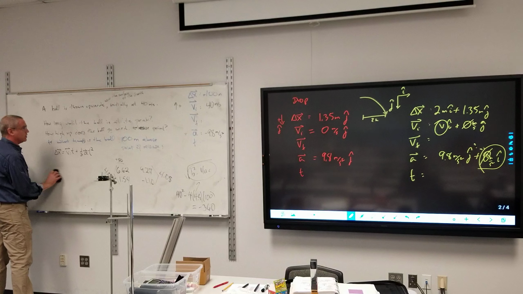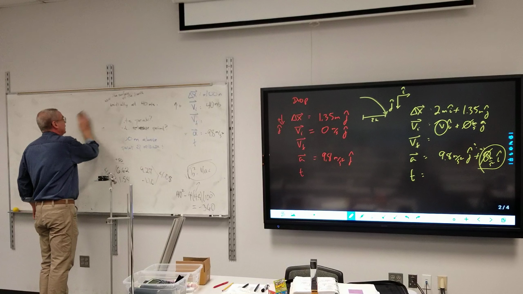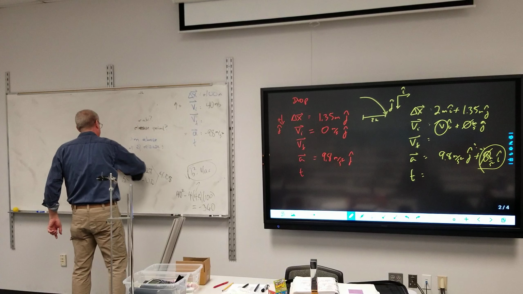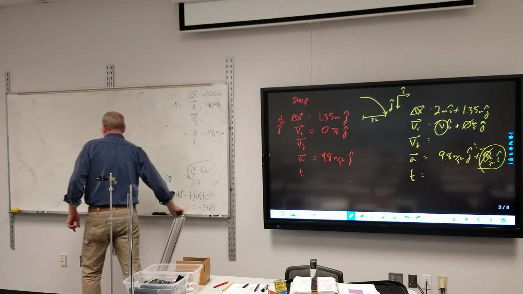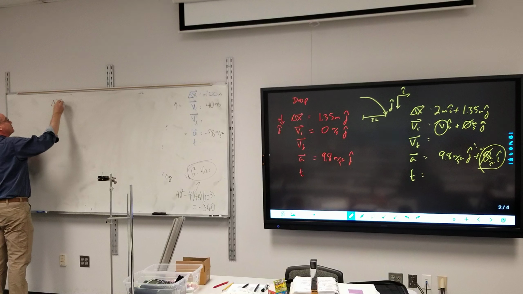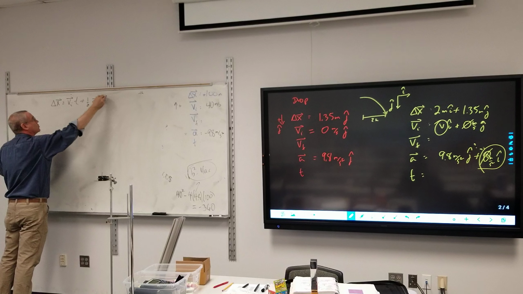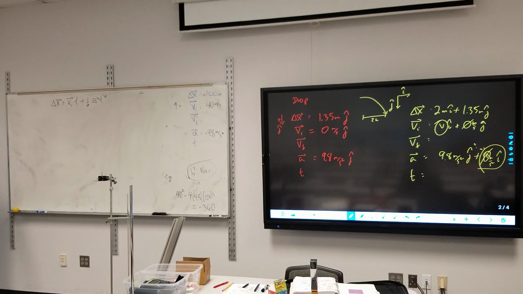We're going to use that equation again. Delta x equals v_i t plus 1/2 a t squared. We're trying to figure out how much time it takes for that ball to fall 1.35 meters.